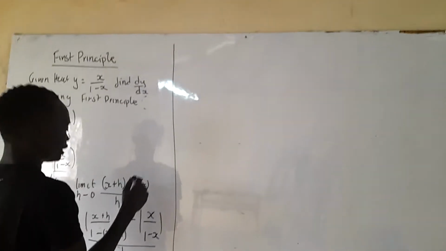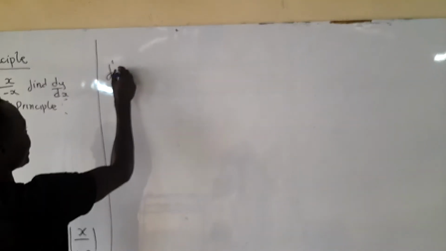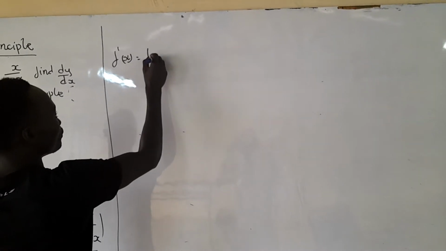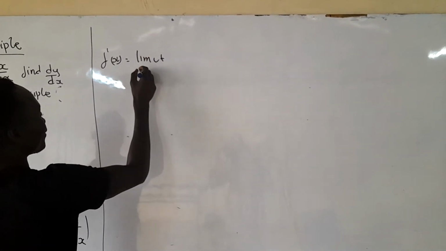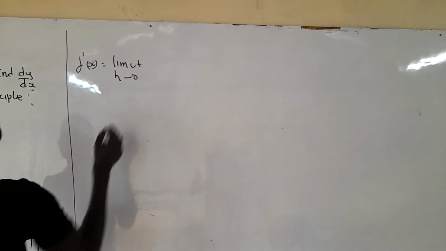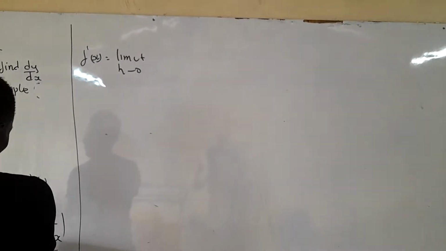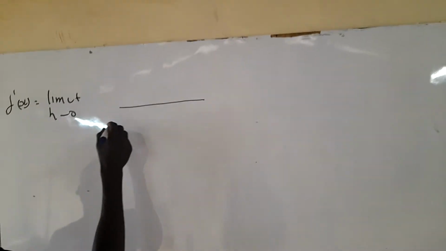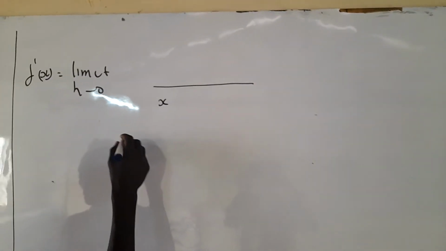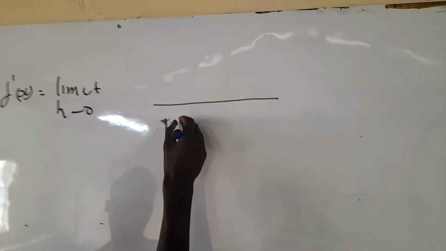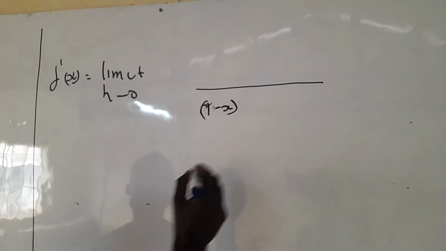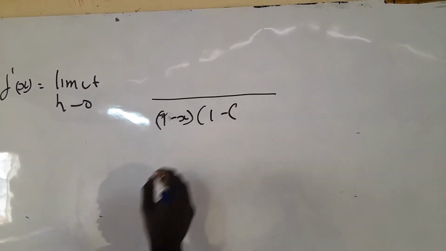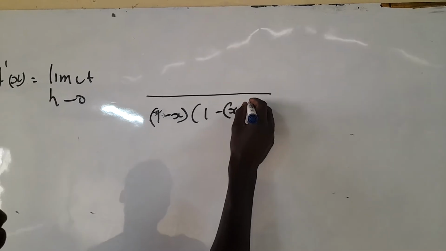So that is the same as when I have, remember we are finding f prime of x, limit when h is approaching 0, such that the LCM of those two is 1 minus x into bracket 1 minus x plus h.